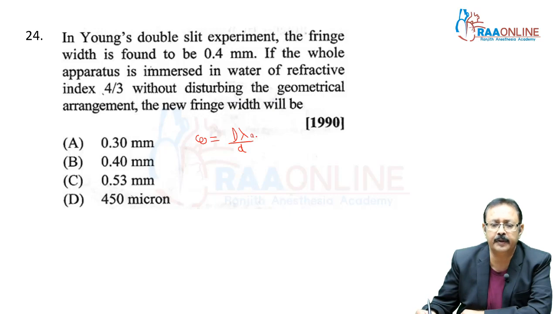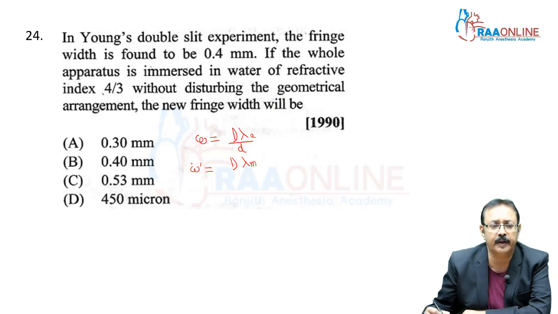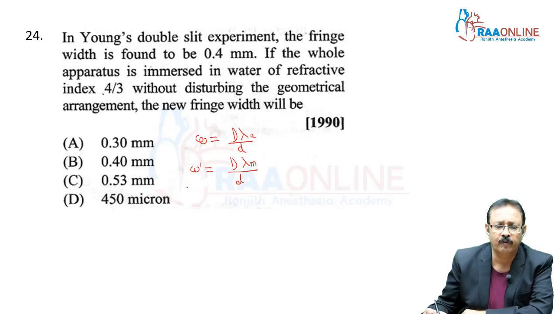Initially, your experiment was in air. Now, without disturbing geometrical arrangements, meaning capital D and small d are the same, you take your apparatus in another medium. So due to change in wavelength, you will get a different width. What is the relation of the new width with the old width?